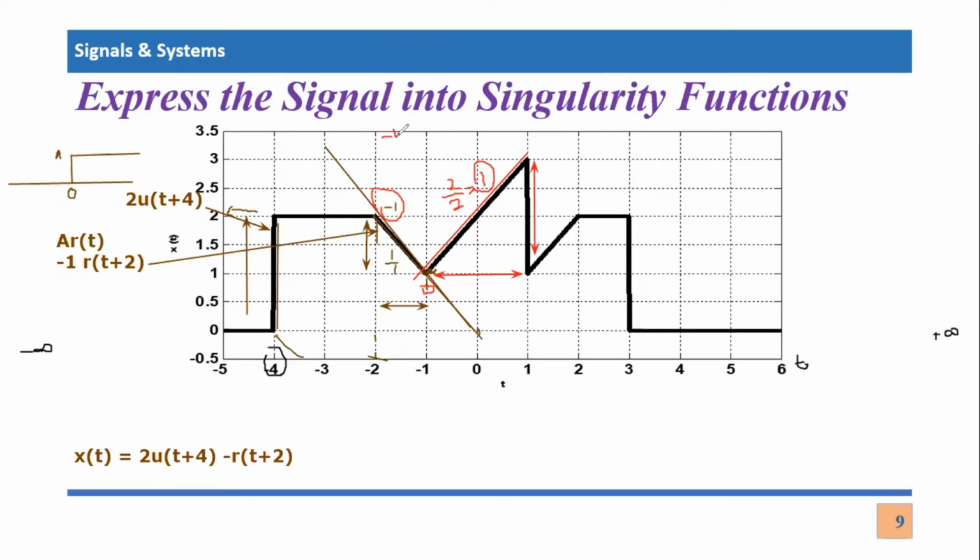In this behavior the slope is simply +1, so the slope is changing from -1 to +1. If you want to change something from -1 to +1, the change should be +2. That is the only possible way. So the next slope of this signal is going to be 2r, because it is a ramp signal with a slope of 2, and it starts at -1, so it will be t plus 1.